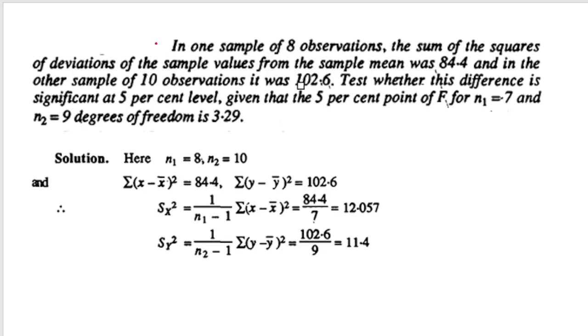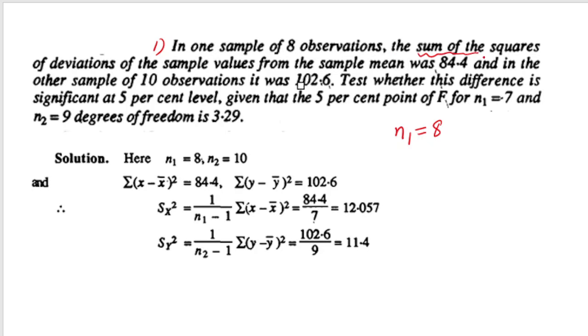Now suppose this is the first problem. In one sample of 8 observations, so n1 is 8, the sum of squares of deviation of the sample values from the sample mean was 84.4. I hope you have understood this term.